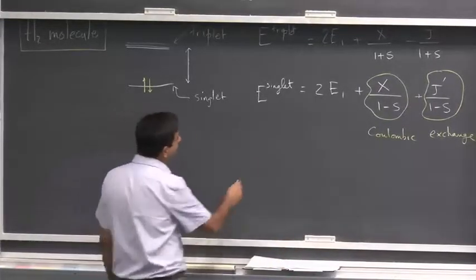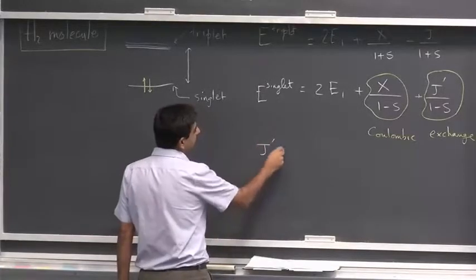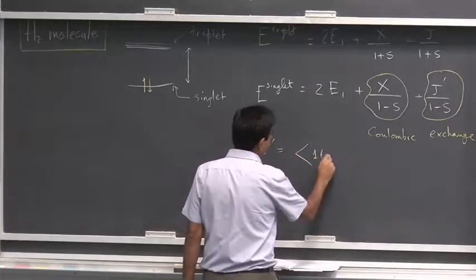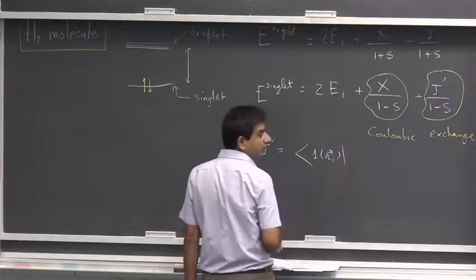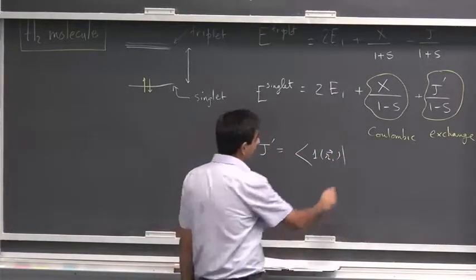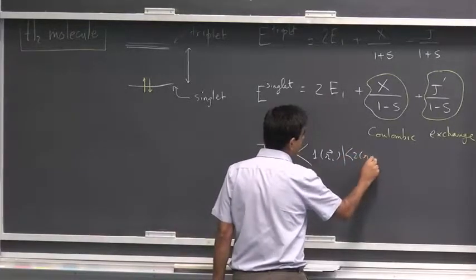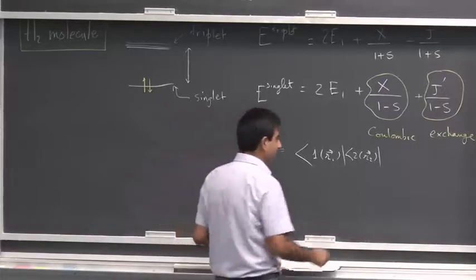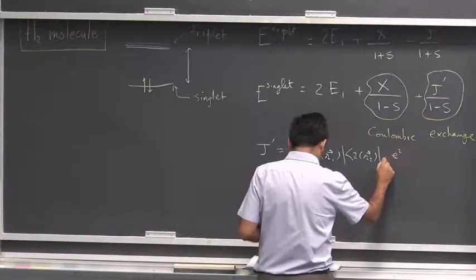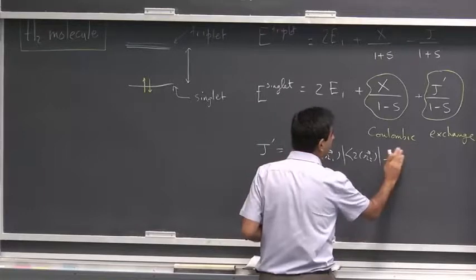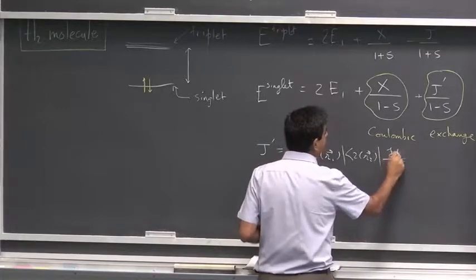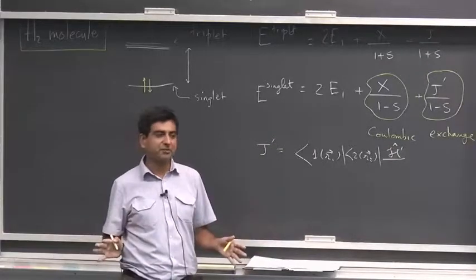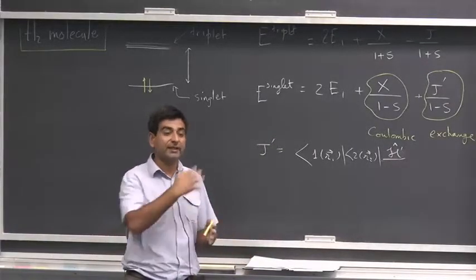I would just like to write down this term J'. J' is given by this overlap integral: 1(R1), where 1 is an atomic orbital, 2(R2), which means that the second electron is associated with the nucleus B, H', or not E square but H'. H' are all the Hamiltonian terms which involve interaction between the electrons and the other nuclei.